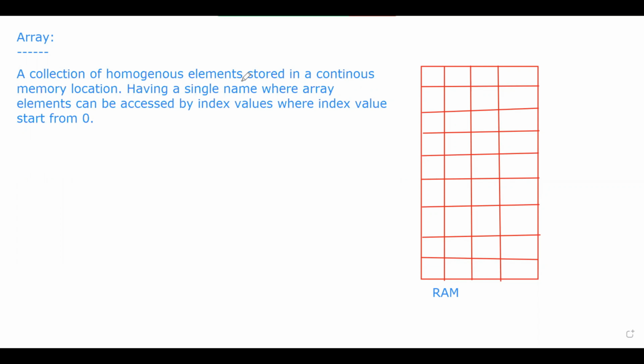I believe you are understanding. So an array clearly defines that whatever data you store in an array will be homogeneous, meaning of the same type, and stored in continuous memory locations.